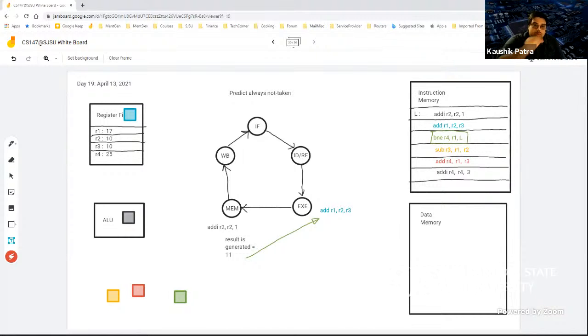Okay, one more point, just to make sure you got it from our previous discussion. You have seen that if the branch prediction goes wrong, 2 bubbles are introduced in the pipeline. That means it is almost equivalent to a 2 clock cycle stop.